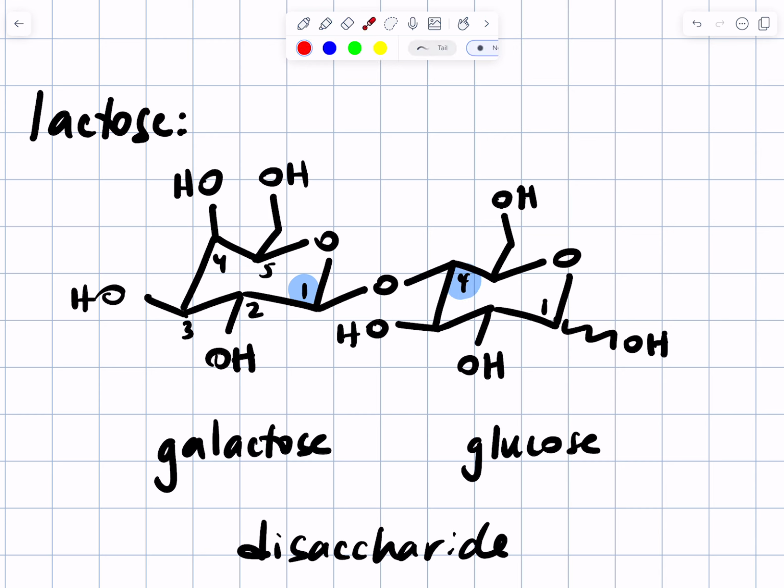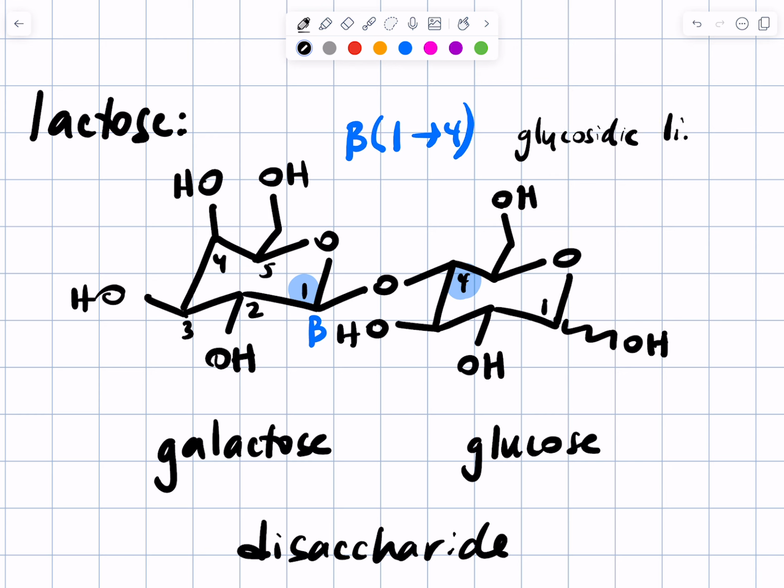And then what's the stereochemical configuration of carbon 1 on galactose? It's beta, right? It's up. So we're going to call this a beta 1,4 glycosidic linkage, meaning it is a linkage in between 2 carbohydrate units. The glycoside there in glycosidic tells you that this is an acetal.